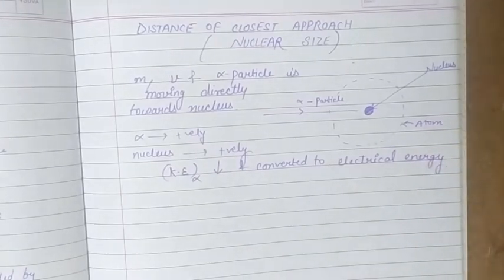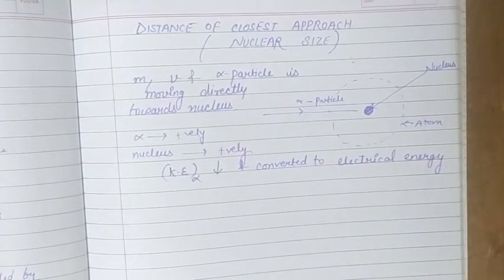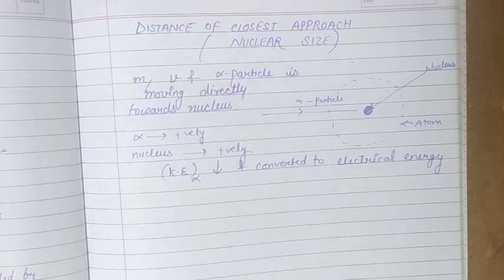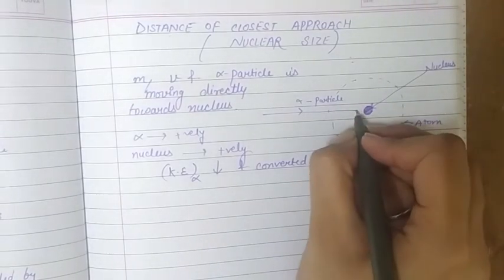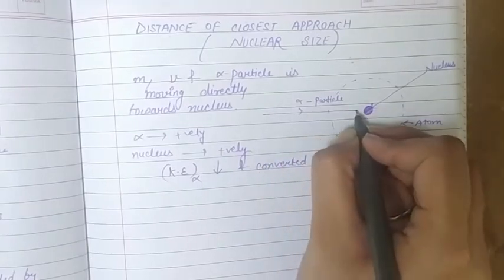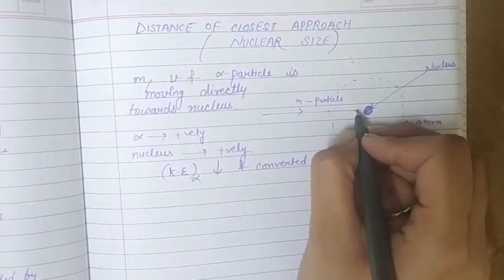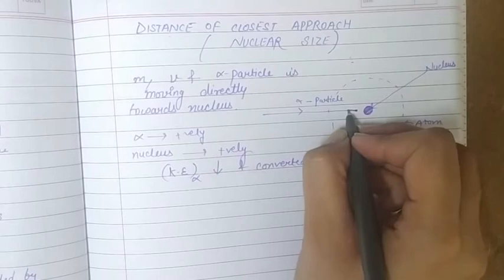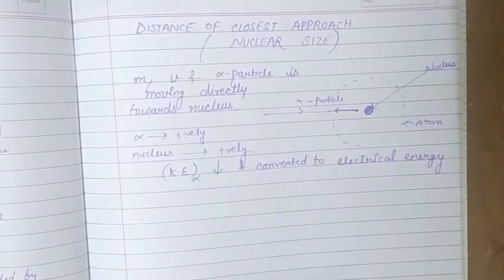Now, at a certain distance r naught from the nucleus, the alpha particle stops for a moment and then starts coming back. At this point its kinetic energy has completely converted into electrical energy. That means there is no kinetic energy, so it stops for a moment and starts retracing its path because of the repulsion.